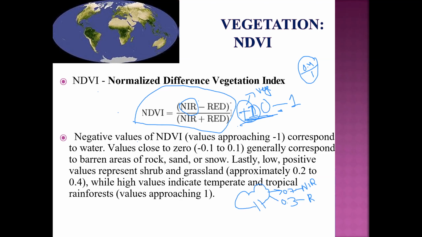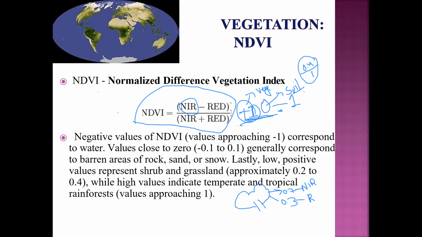And if our value is 0, see when it will be 0, when the NIR and the red both will be equal. When the reflectance of NIR and the red radiations both will be equal, then it will be 0, and it happens in soil. Actually not exactly 0, but near to 0.